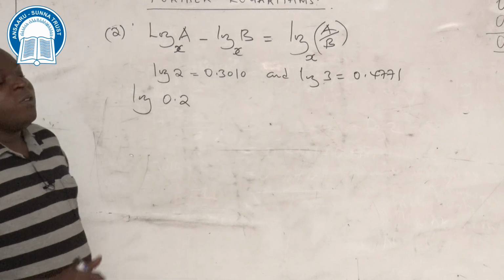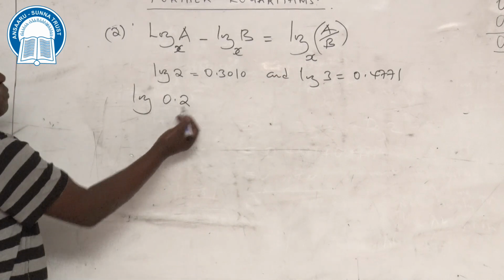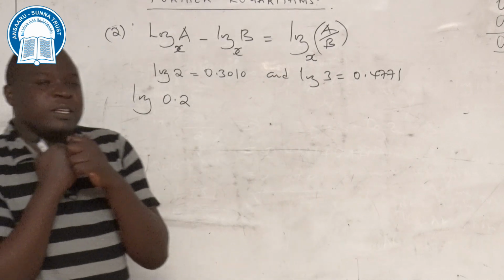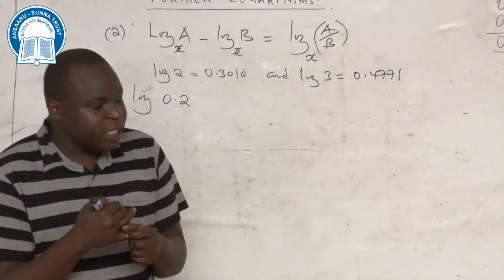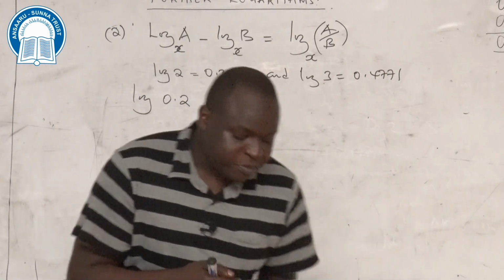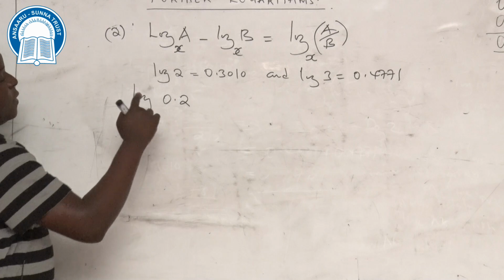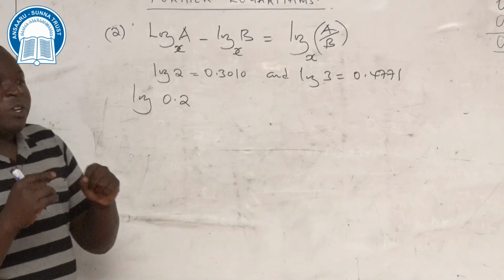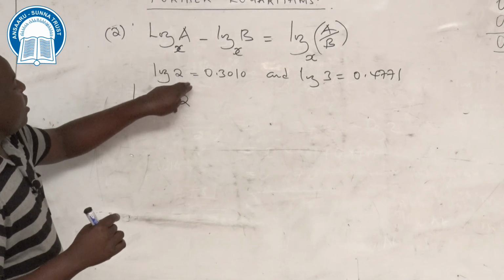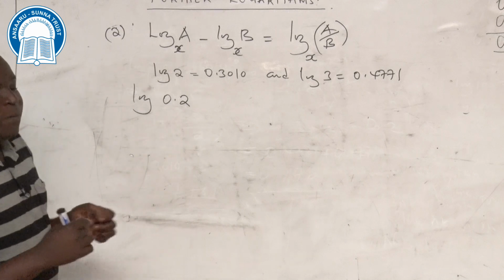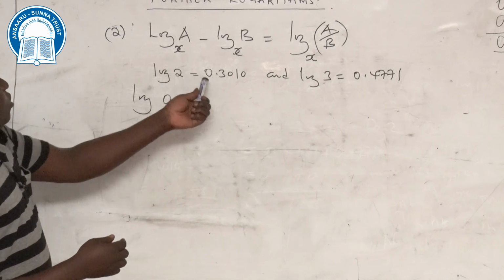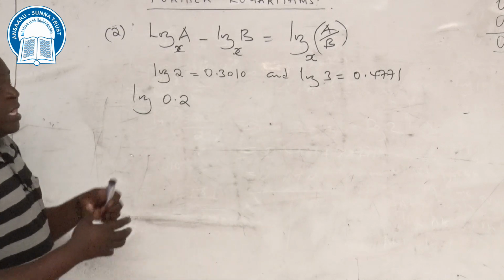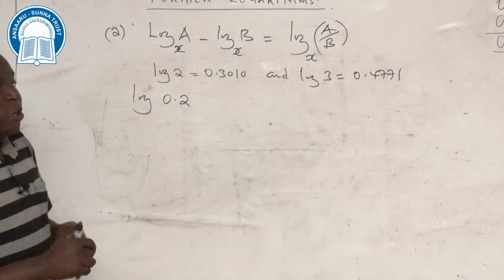Then we'll use two of them later on. So 0.2, remember there's something I already explained to do with 10, which is a common log. So anytime you have logs and you don't see the direct way you can use these numbers to get that value, then think of those common logs.